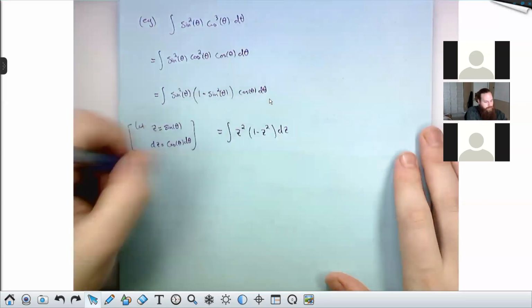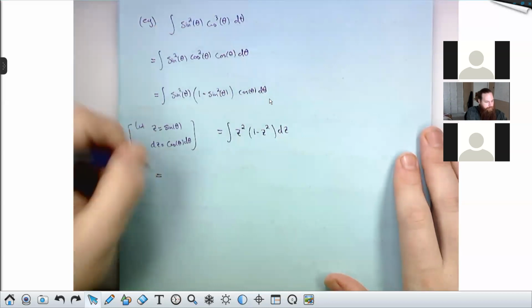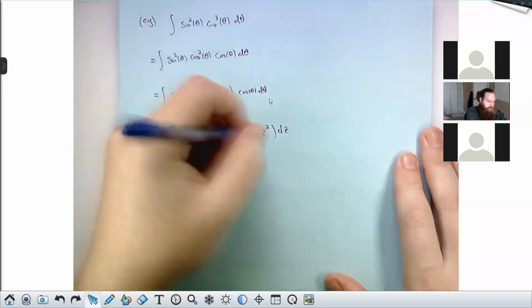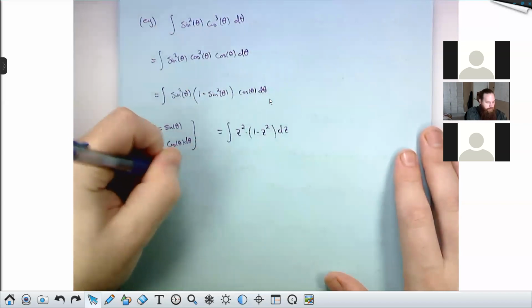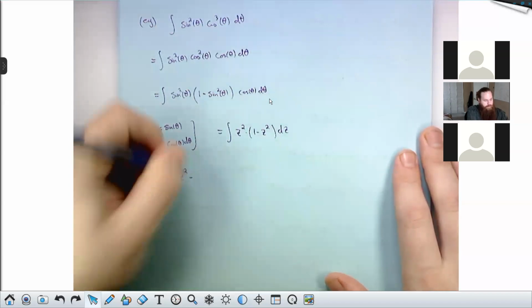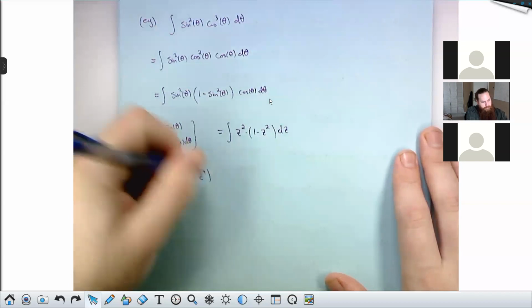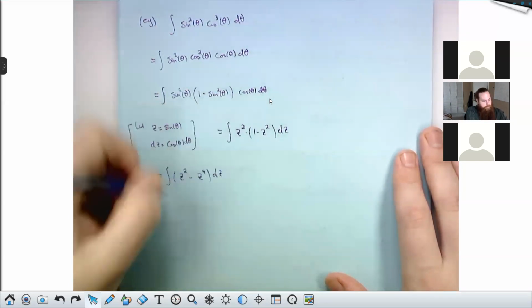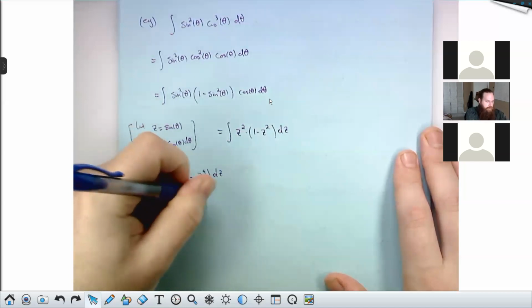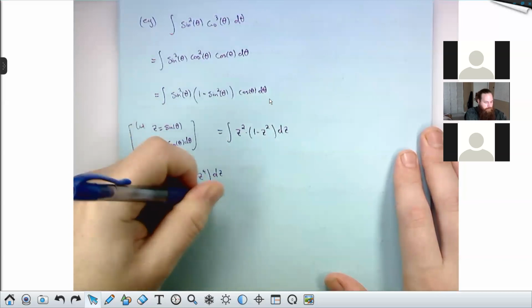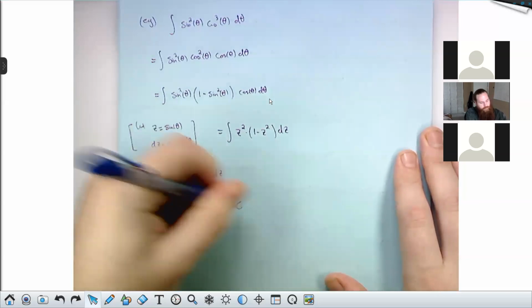Then we distribute and integrate. Got to distribute first, of course, because this is multiplication. Integrals don't play nice with multiplication. So you get z squared minus z to the 4. And that'll be z cubed over 3 minus z to the 5 over 5 when you take your antiderivative.